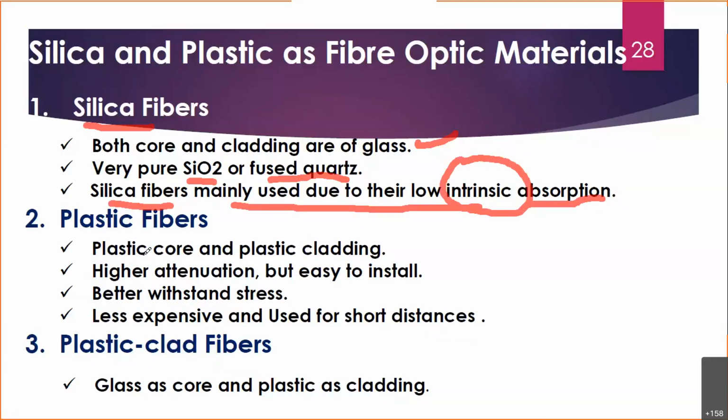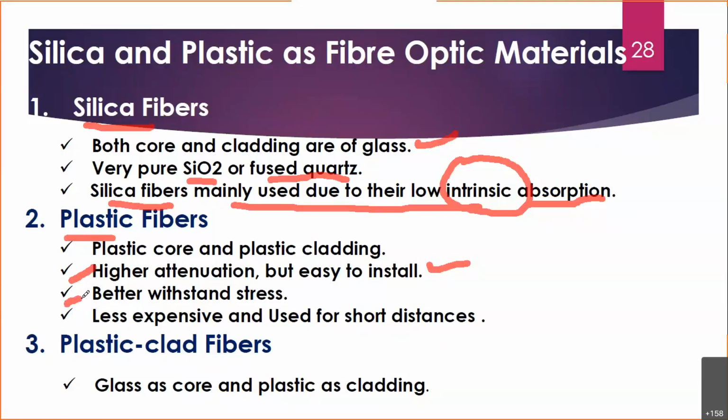Second is plastic fibers. So plastic core and plastic cladding both are of plastic only, so that is why we are saying plastic fiber. And another, you see, higher attenuation, that means there will be more loss because both are plastic. But see, why we are preferring it is because it is easy to install. The chances of breaking will also not be that many because it is plastic.